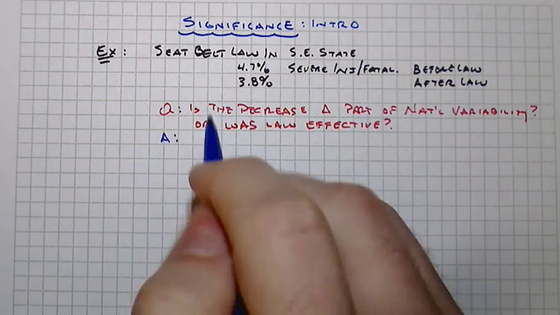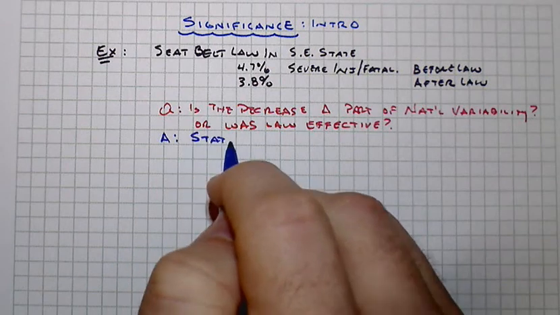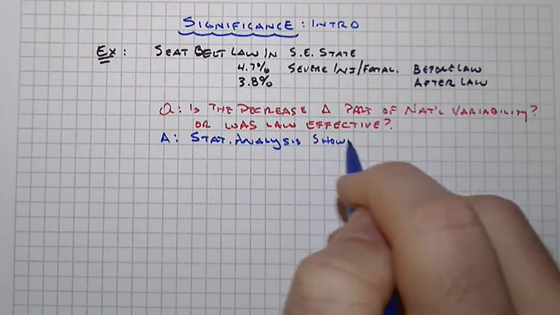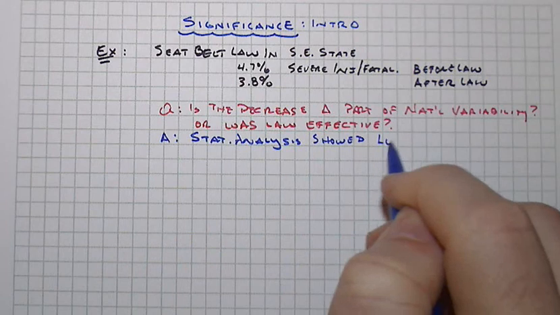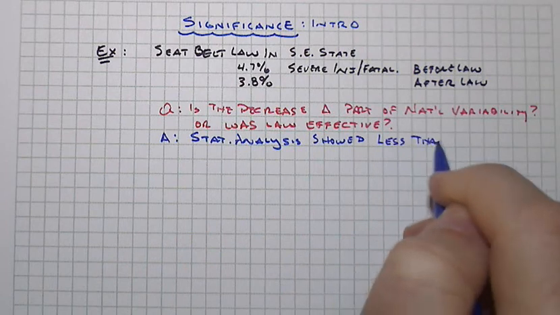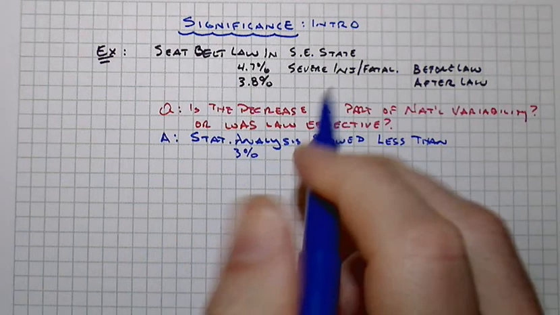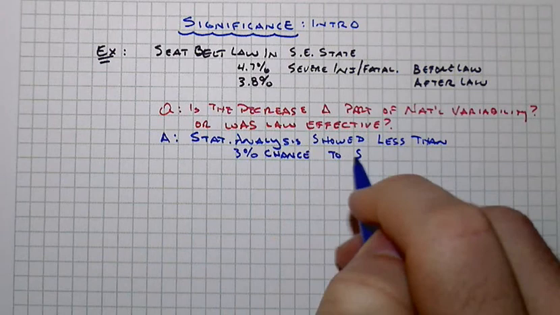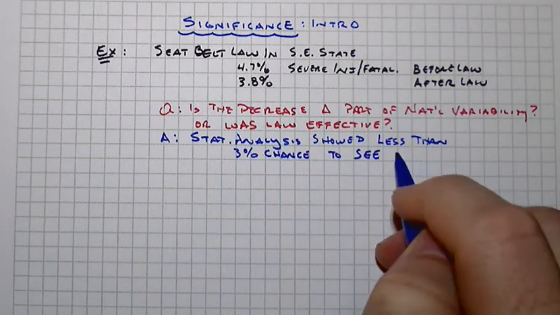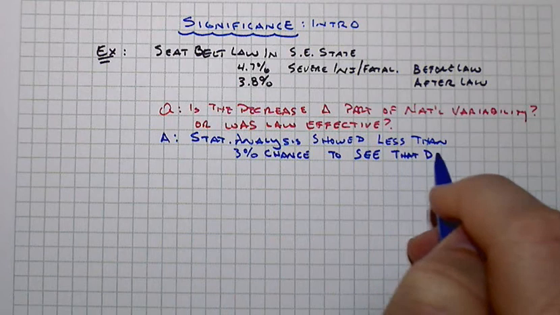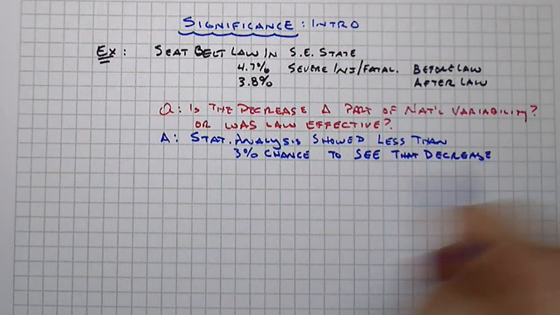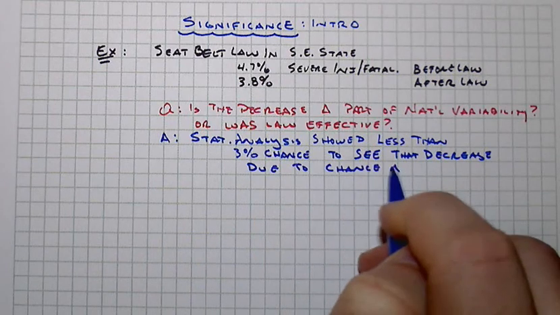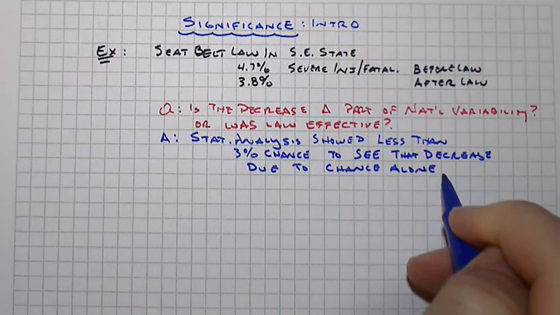And part of the answer that came back was that a statistical analysis showed that there was less than a 3% chance to see that decrease due to chance alone, meaning due to natural variability.